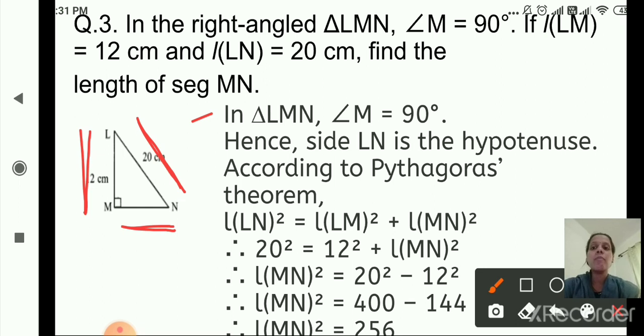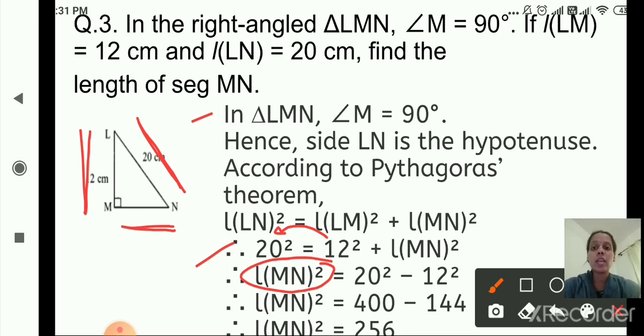Now we will put the values after writing the formula. LN is given 20, that is 20 square is equal to 12 square plus MN square. Now we have to find out MN, so we will write MN square on the left hand side and on the right hand side we will write 20 square. This plus 12 square goes on this side, so it becomes minus. So 20 square minus 12 square.